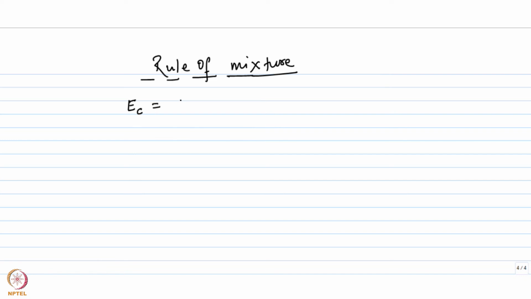So if Vf is the volume fraction of the fiber, let's say you are talking about a fiber reinforced composite here, then the elastic modulus of the composite will be given by this as per the rule of mixture.